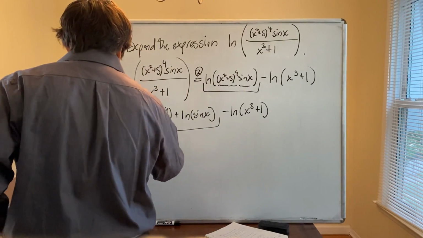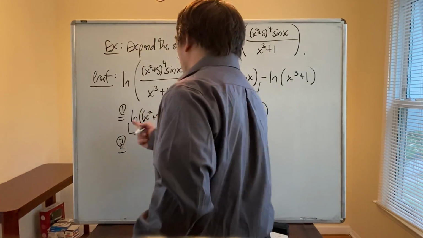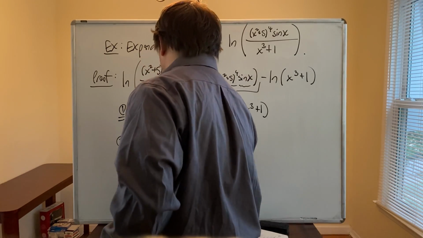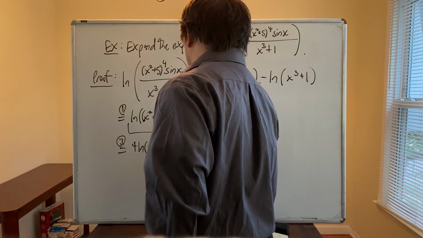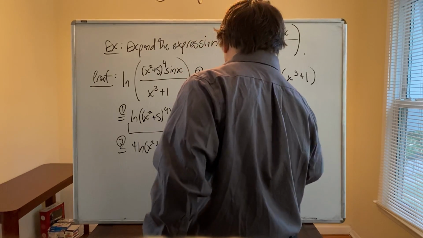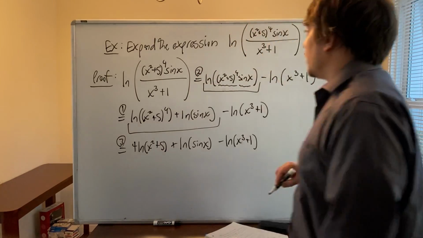Now, by the third law of logarithms, I can move this 4 in front and say this is equal to 4 ln of x squared plus 5, but this is still plus ln of sine x and minus ln of x cubed plus 1.